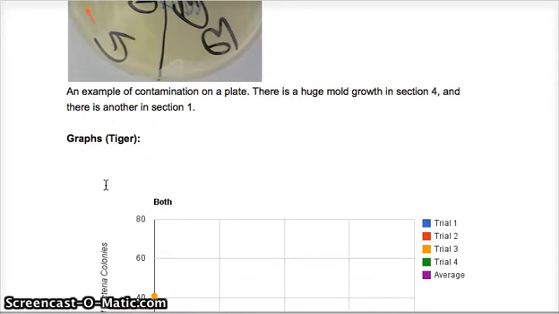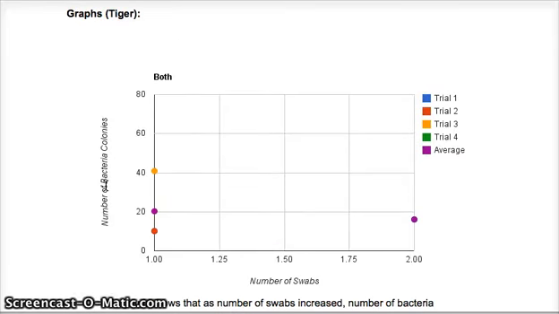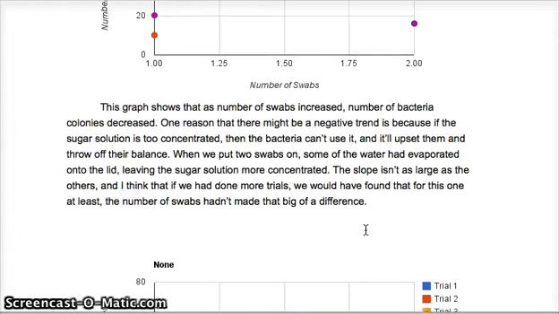And then here are our final graphs. This is the final graph for both. As you can see, the highest was around 41 or 42, and the lowest was about 10.